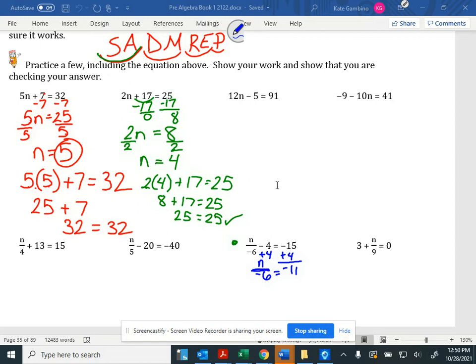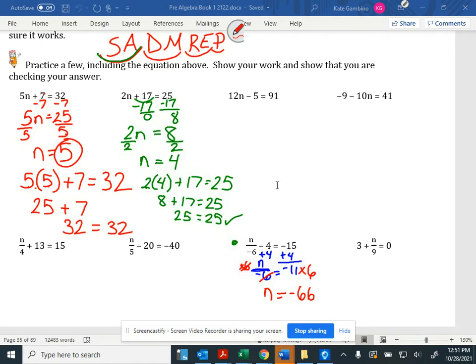So if we were dividing, now we want to multiply by 6. Multiply by 6, and then divide by 6, they cancel each other out. And we want to do the same thing on the other side of our equal sign. So we have n by itself now equals negative 11 times 6, which is negative 66.